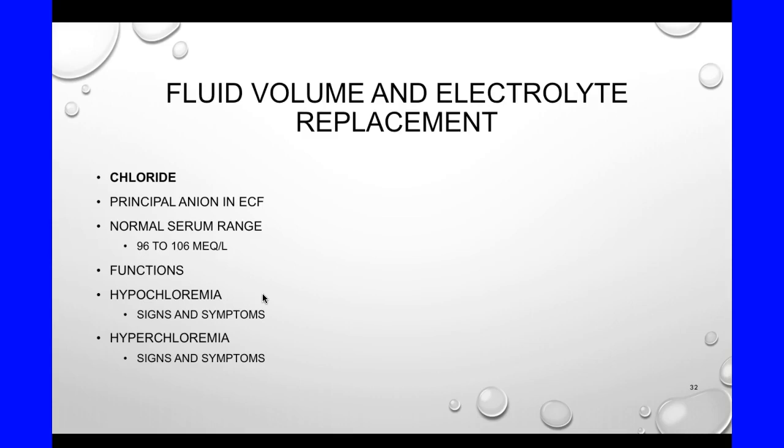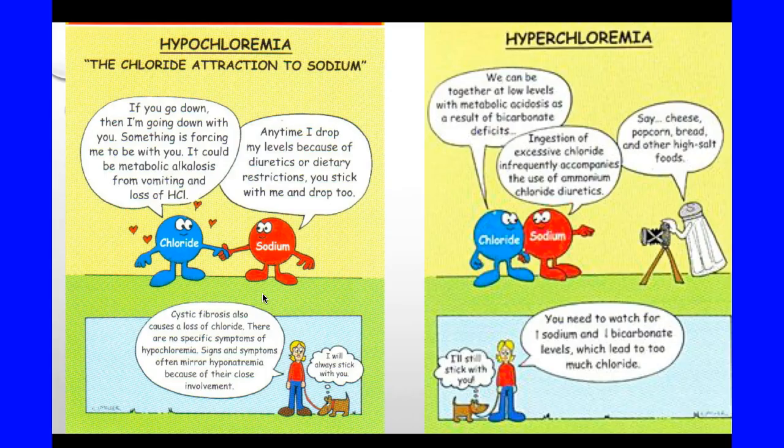Chloride, this is the range, 96 to 106. Chloride and sodium work together, so they love each other. Let's just say sodium, water, and chloride just love each other. If I'm going down, then I'm going down with you. Metabolic alkalosis from vomiting, loss of hydrochloric acid, they pretty much go together. So if you have any flu with elderly people, you have to really watch them.